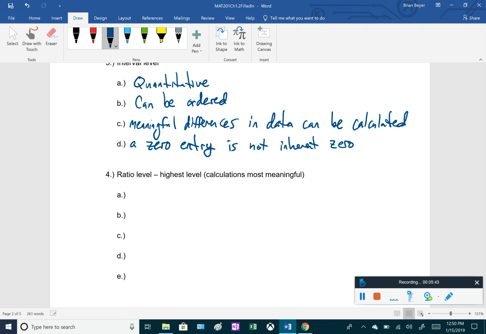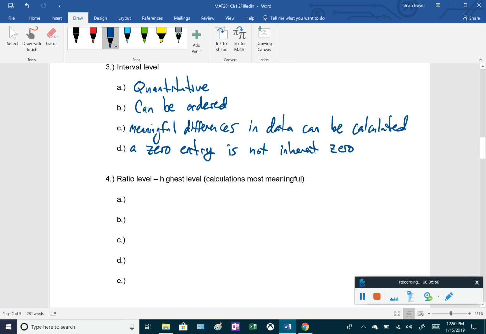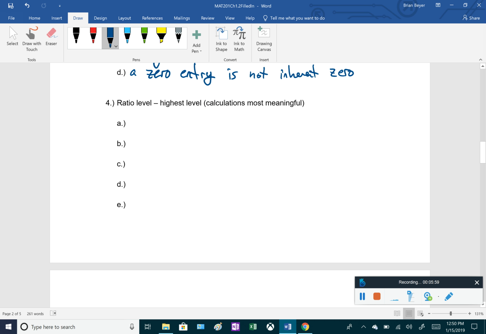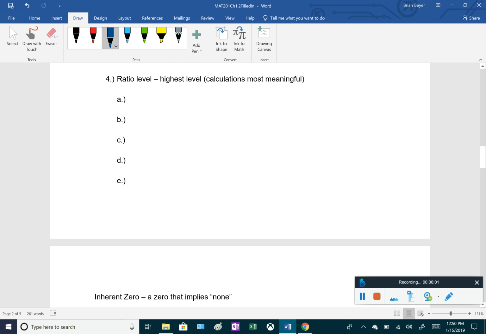We'll see what that means on the next page, because I'm going to bring it up again for this last level. Essentially each level is going to absorb the previous level's information. So for the last one here, we have the ratio level. This is the highest level, meaning we can essentially perform the most meaningful calculations to the data. This is also going to be quantitative.